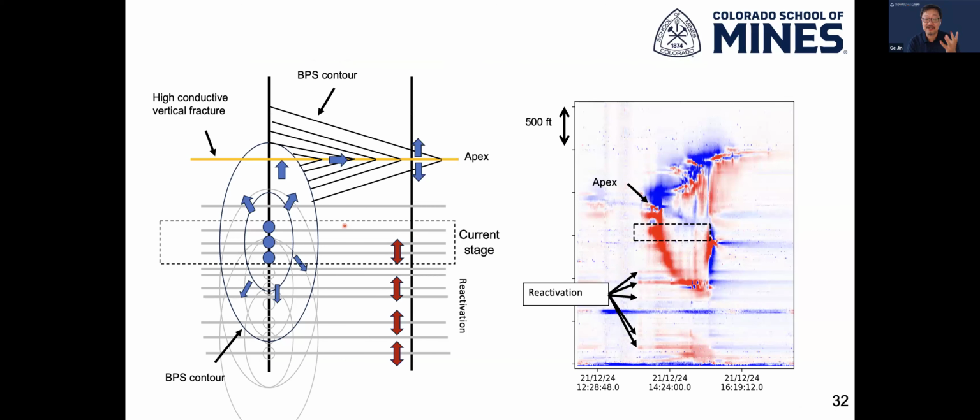So you create a fracture system very different from what we imagine, right? We imagine parallel fractures all the time, but instead what we see is this bedding plane shearing together with vertical fracture reactivation.